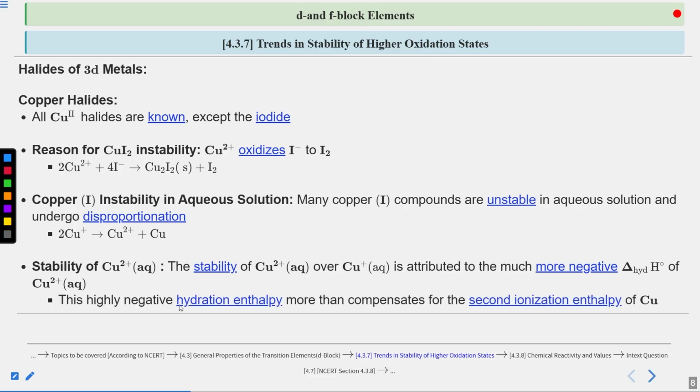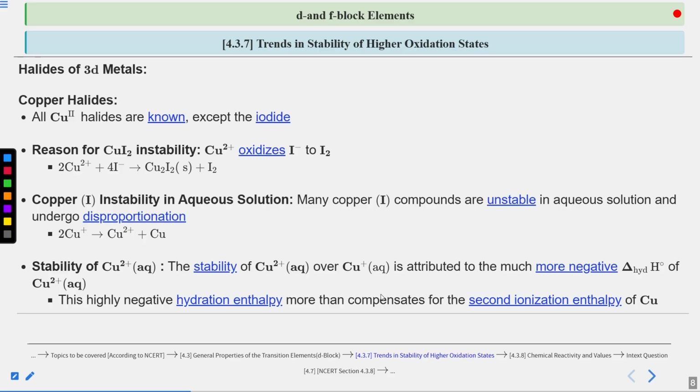This highly negative hydration enthalpy more than compensates for the second ionization enthalpy of copper. Okay, so basically when copper needs the second ionization enthalpy, it has to lose an electron from the 3d10.